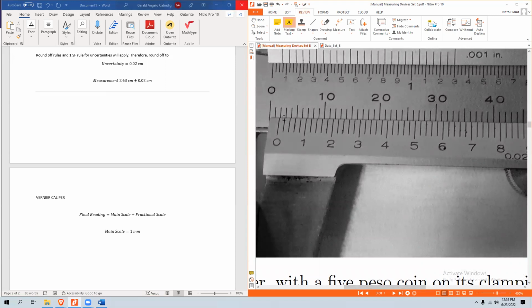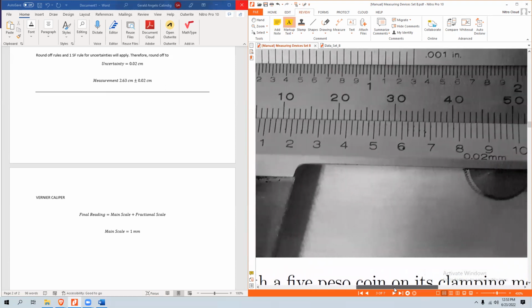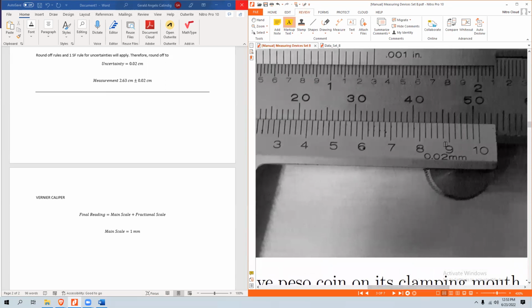Di ba, may breaks dito. What happens here is that this trend will continue for a while until maybe yun nga, the 45th to 50th marks. Let's look at this 40th to 50 marks. Ito yung 40, 45, 50. Nag-coincide yung lines na ito with each other. Dito ka magbe-base ng measurement mo.